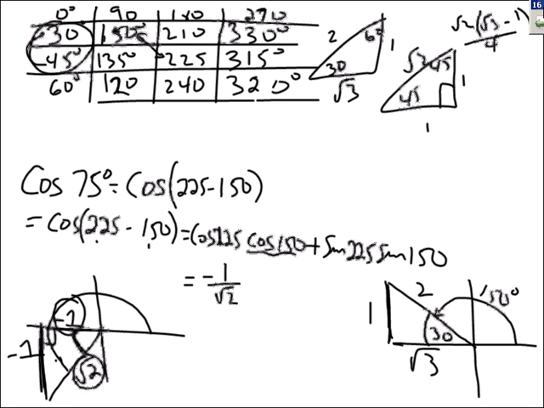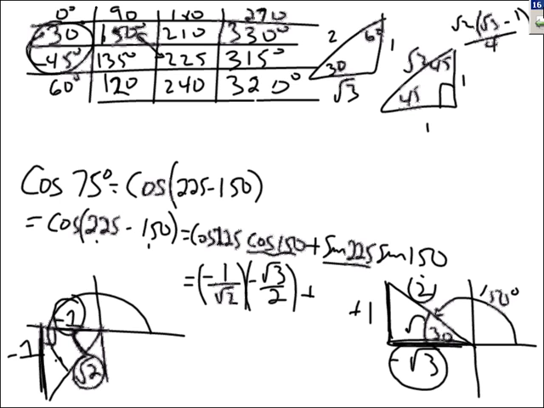Except, since this is going up, it's plus, and this is going to the left, it's minus. If you want the cosine of 30, it's adjacent over hypotenuse. It's negative the square root of 3 over 2. Plus, now we want the sine of 225.